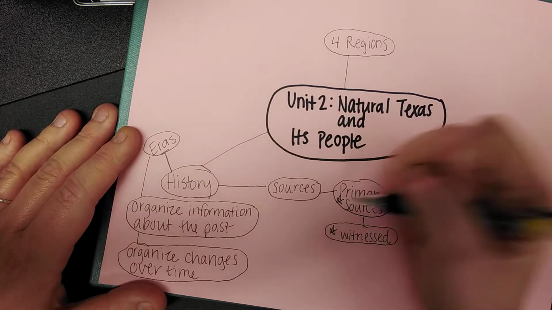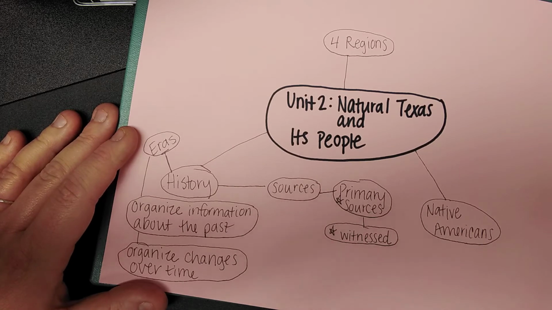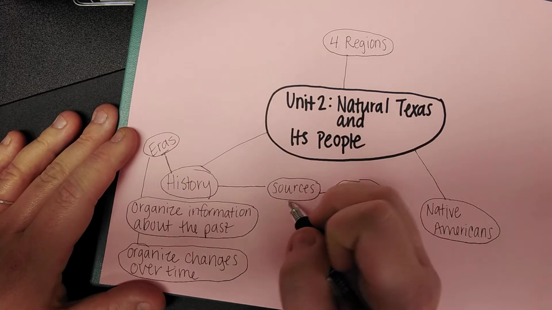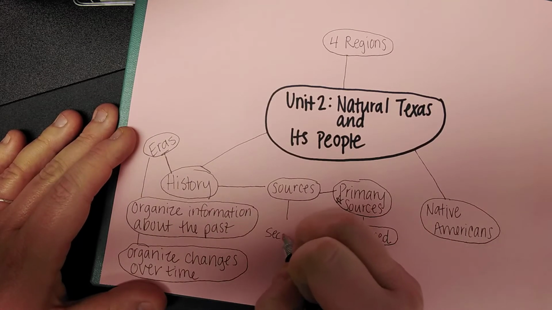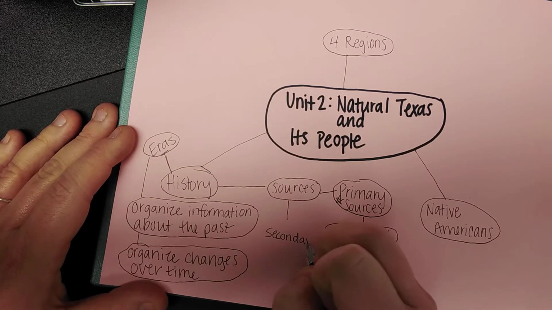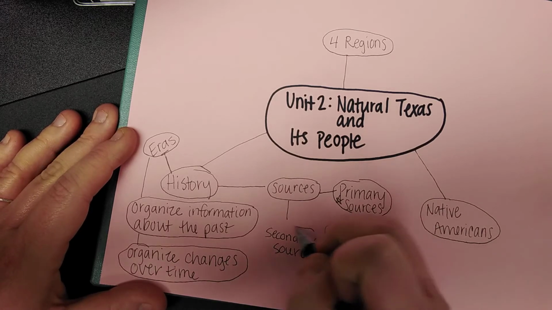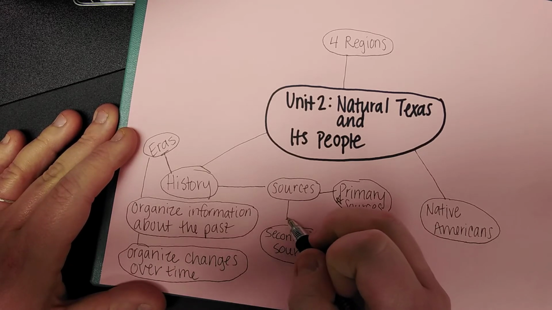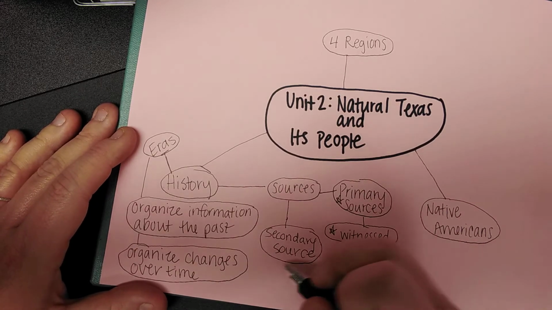I'm putting a star next to this because it's very valuable information, but it's also not on your test specifically. Another type of source would be a secondary source. A secondary source is written by someone later, and they weren't there.